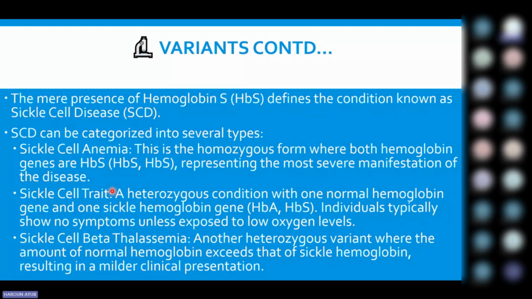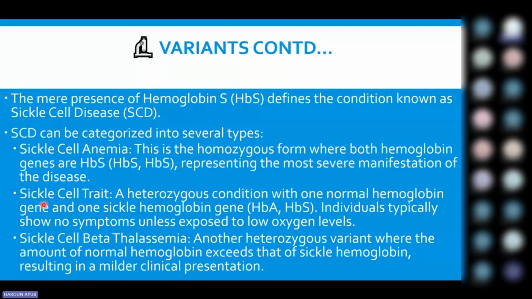Then sickle cell trait, so this is represented as AS. It's a heterozygous condition with 1 normal hemoglobin gene and 1 sickle hemoglobin gene. So you have HbA and HbS. And during diagnosis, you'll see how the percentages are represented and how the doctor will make the evaluation of the lab report.